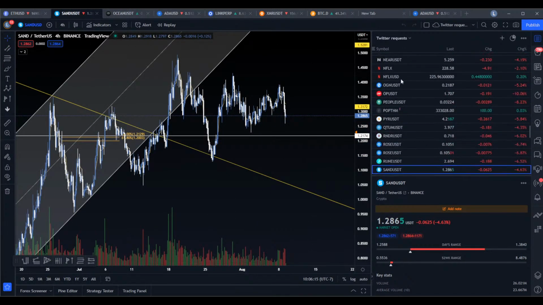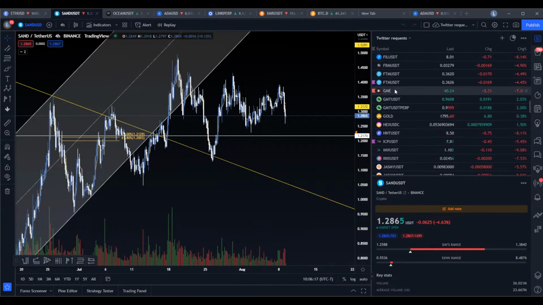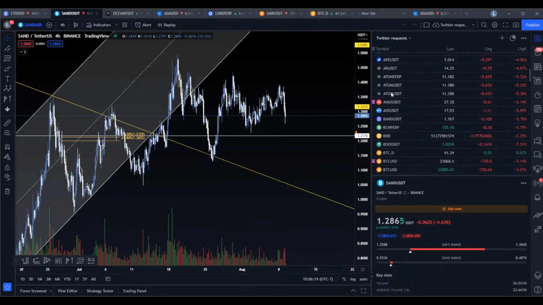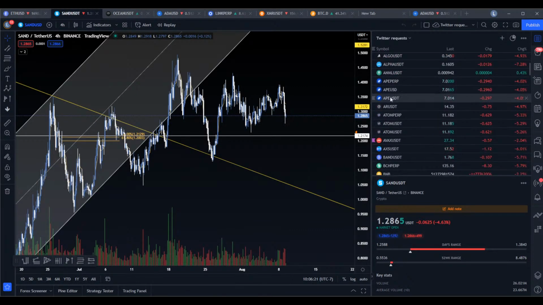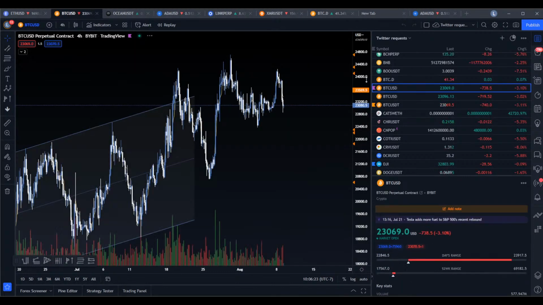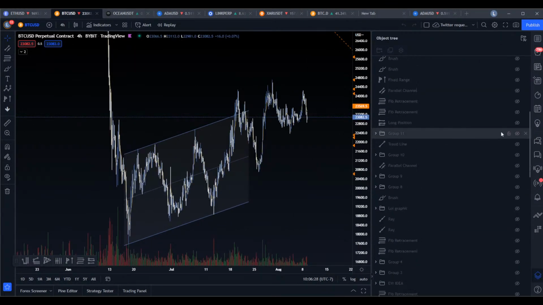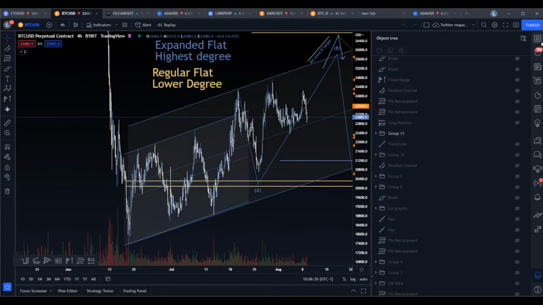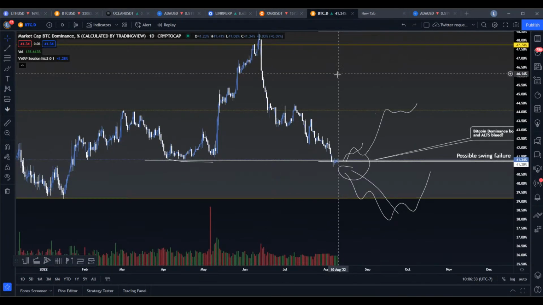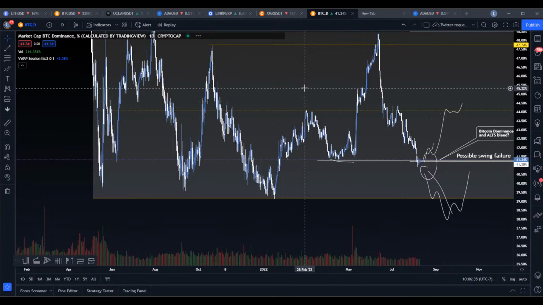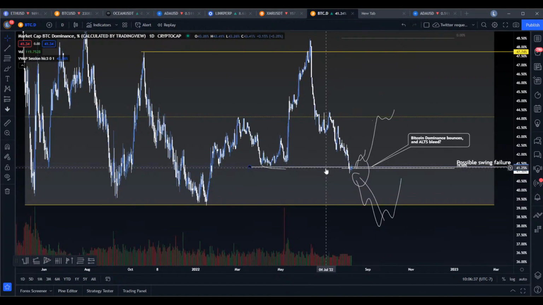I mean, I'll just be honest. I am not particularly interested in looking for longs right now. Bitcoin dominance is kind of potentially at an important support level here.